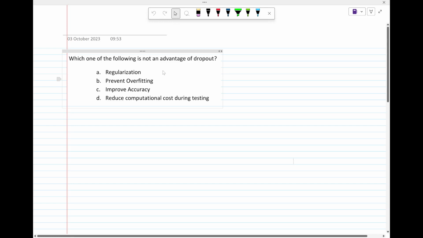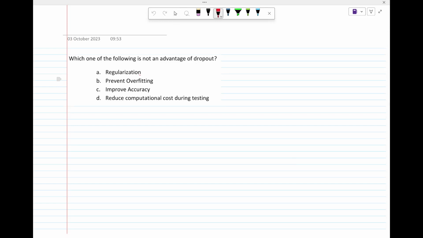So it is a sort of regularization, and what regularization does is it prevents overfitting. By preventing overfitting, you are improving the accuracy. Whenever you say accuracy of a model, it is the accuracy on the test data. So you are improving the accuracy of your model on your test data.